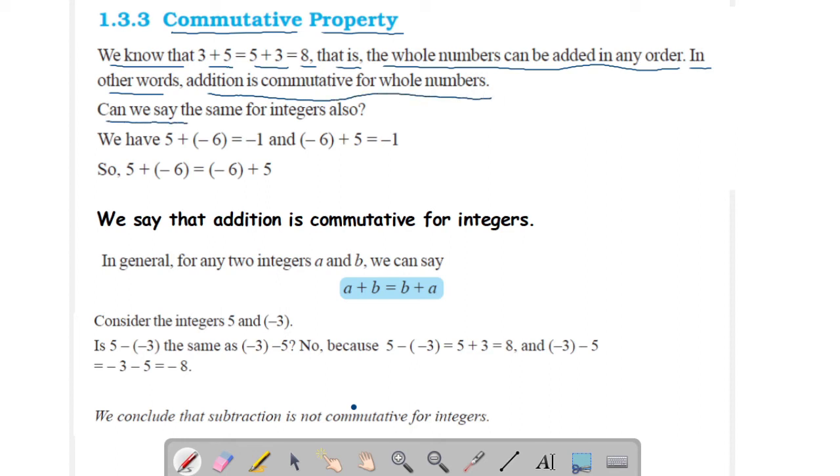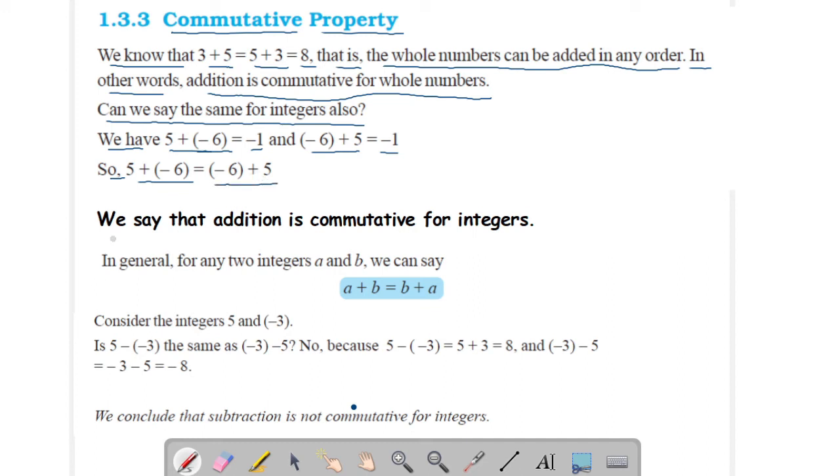Can we say the same for integers also? We have 5 plus minus 6 equal to minus 1, and minus 6 plus 5 equal to minus 1. So 5 plus minus 6 equal to minus 6 plus 5.